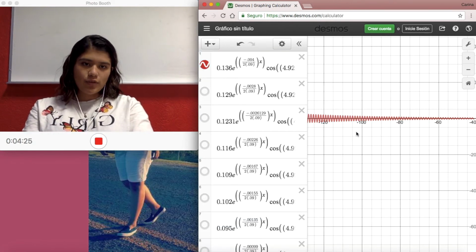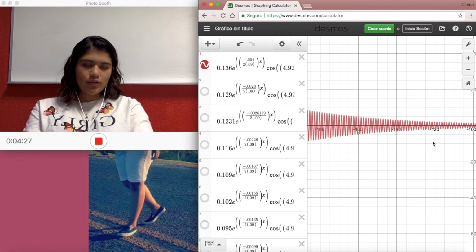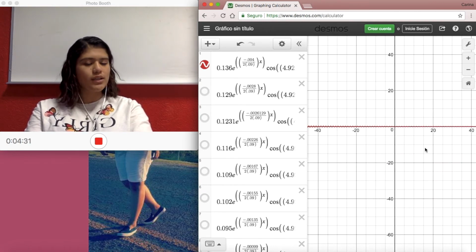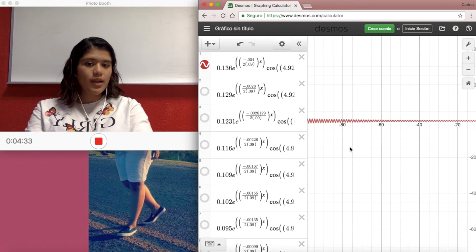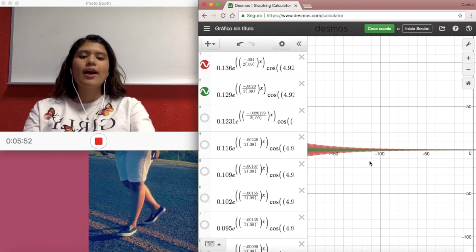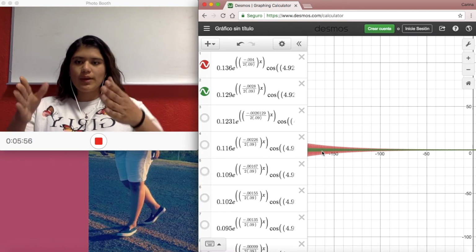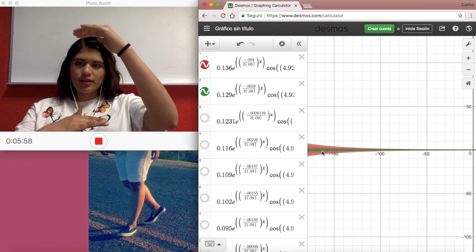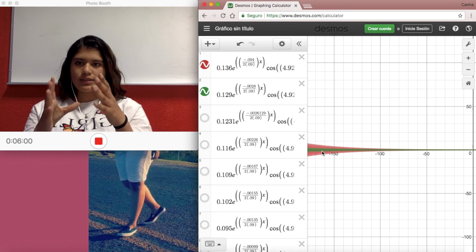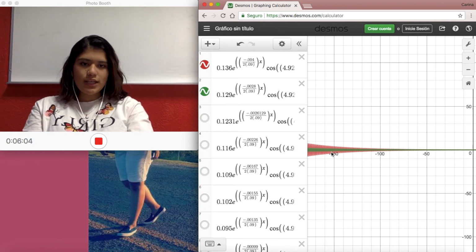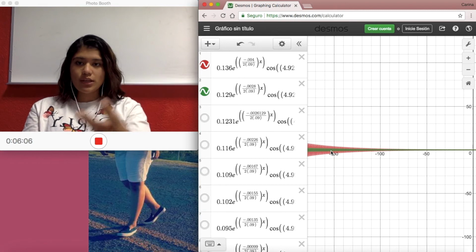And you can see here how the damping is going in this pendulum. Here the amplitude is bigger than the other because the length of the pendulum depends on the amplitude. And as you can see, the green one is our second pendulum.